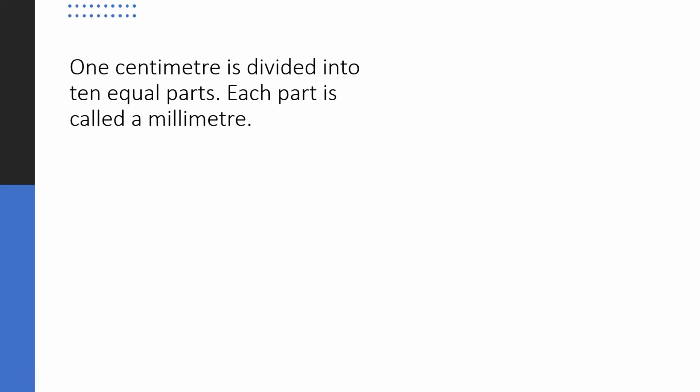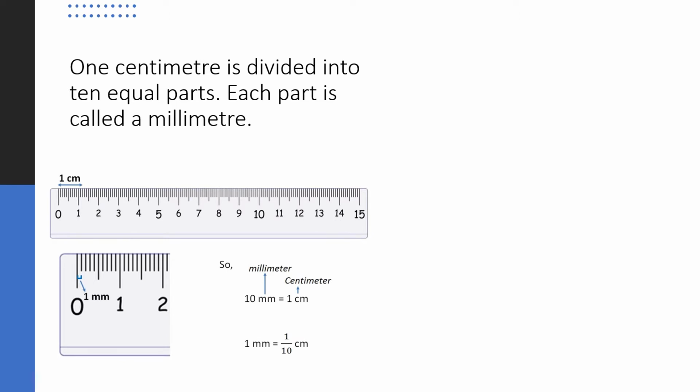1 centimeter is divided into 10 equal parts. Each part is called a millimeter. Students, can you see this scale? The number first is 0. After 0 come 1, 2, 3, 4, 5. All numbers are given.